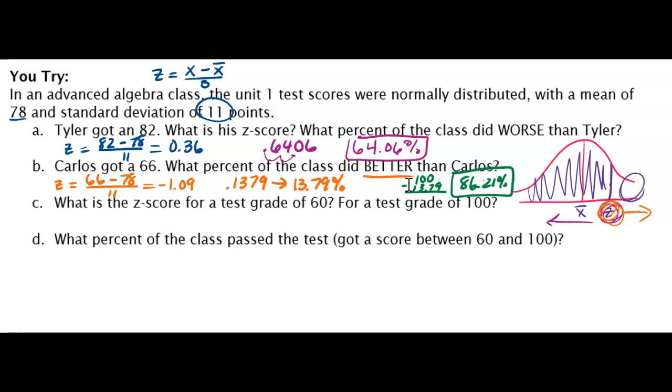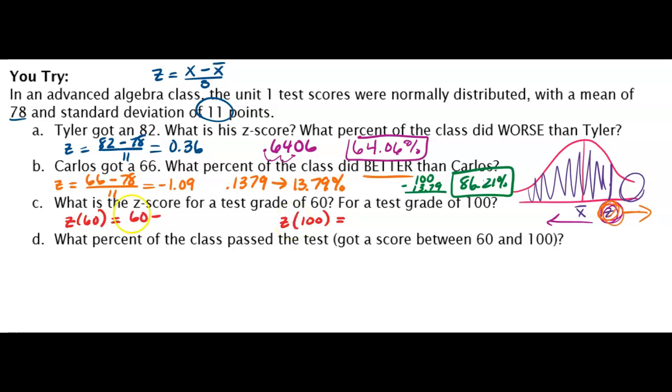Part C, it's asking us to calculate two separate z-scores. So this is not so bad. So I'm going to kind of do my notation differently. I'm going to put z of 60 and then z of 100. And that way I can keep them straight, which one is which. So I'm going to do that formula twice.